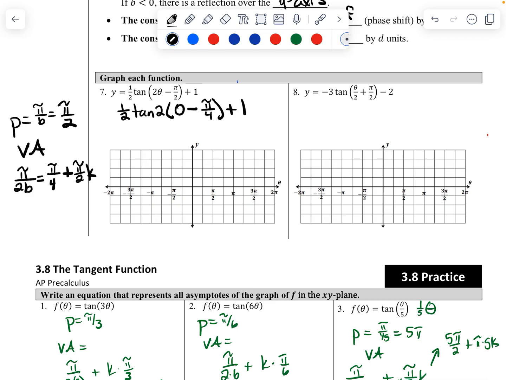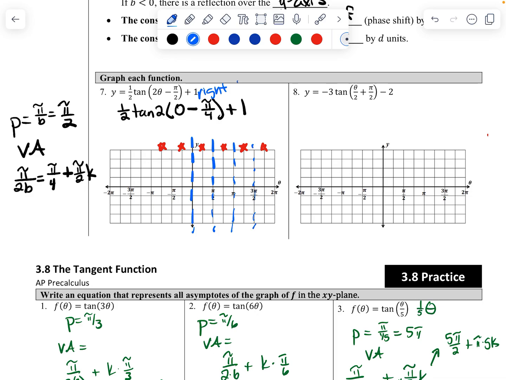So what I'm first going to do is write where these would be. It would be at pi over 4, so it would be here and here. And then every pi over 2, so every 2 tick marks. Now what happens to these? They move to the right pi over 4, so right 1 mark. So if I move this one over, I could dash something in here.